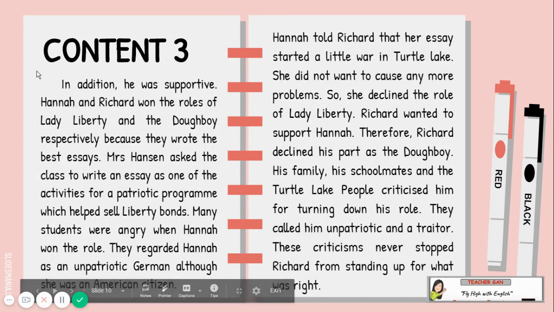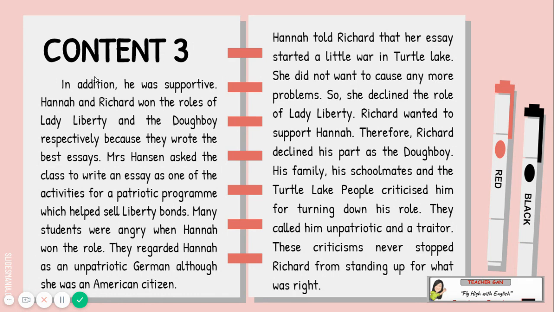And then the next one, which is paragraph 4, we can talk about Richard being supportive. So this is the model answer. In addition, he was supportive. Hannah and Richard won the roles of Lady Liberty and the Doughboy respectively because they wrote the best essays.